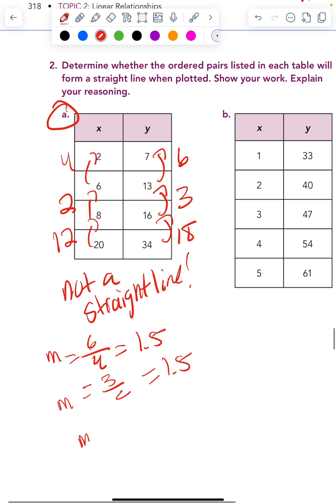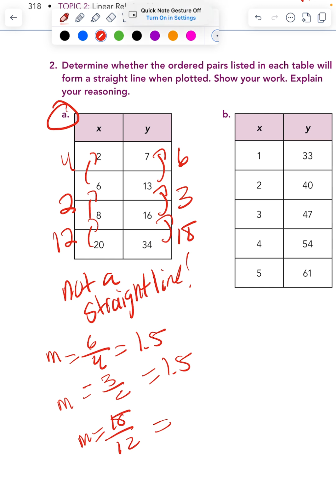And if I divide 18 by 12... 34 minus 16, I get 18. 20 minus 8, I get 12. Then I would also get 18 divided by 12, which will give me 1.5, okay? So that's another way that you can kind of double check and see if your answer is right.